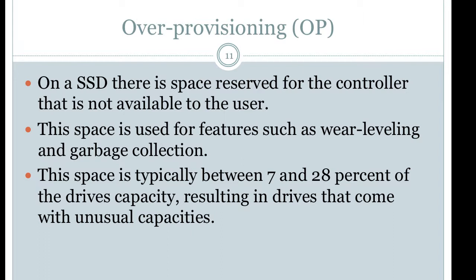This results in drives that come with unusual capacities such as 120, 240, and 480 gigabytes instead of the traditional 128, 256, or 512 gigabytes that you would see in a hard drive.